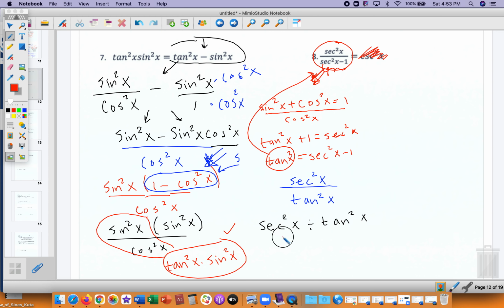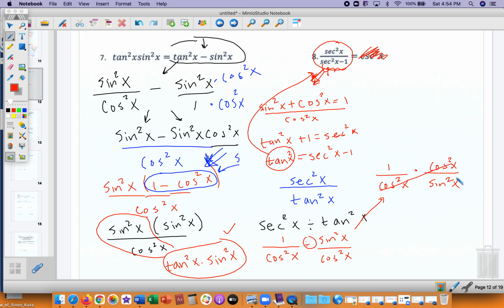Secant is 1 over cosine squared x divided by tan is sine squared x over cosine squared x. We're going to change division to multiplication, flip fraction on the right. So I'll have 1 over cos squared x times cos squared x over sine squared x.